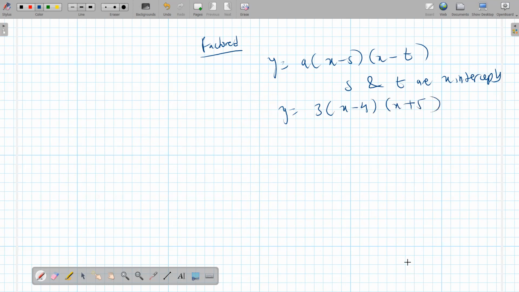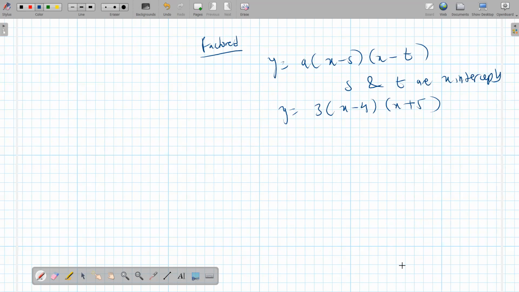What are the x-intercepts? One second, just writing this down. So the x-intercepts are 5 and 1.